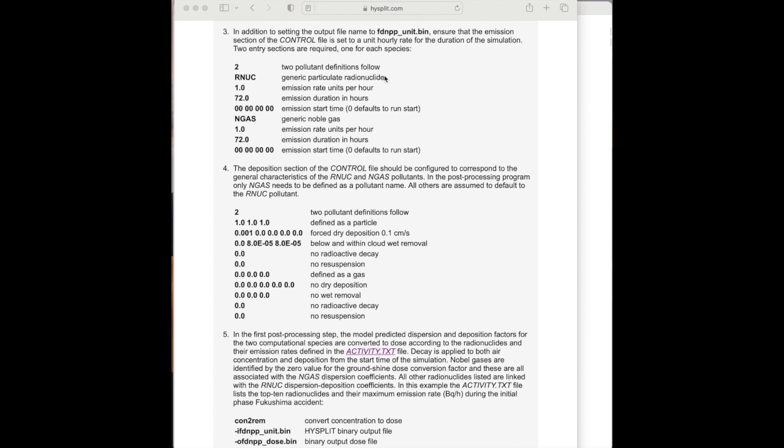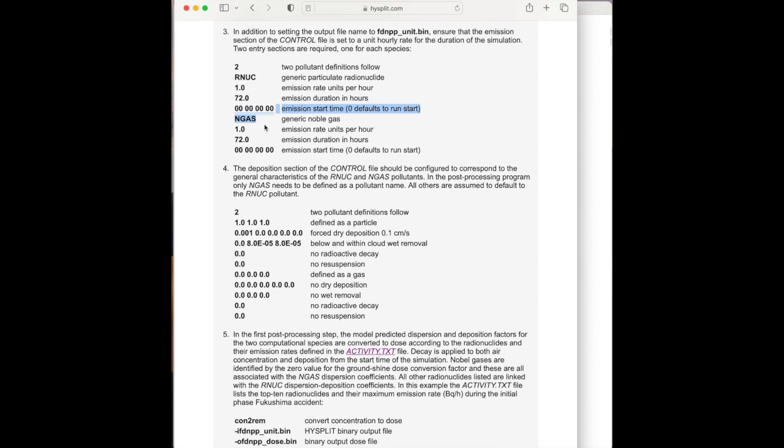The con2rem program reads a unit source HYSPLIT concentration file and the activity.txt file that defines each radionuclide to be included in the dose calculation. Con2rem supports two HYSPLIT-generated computational species, a generic particulate radionuclide, for short called rnuc, and a non-depositing noble gas labeled N-gas.